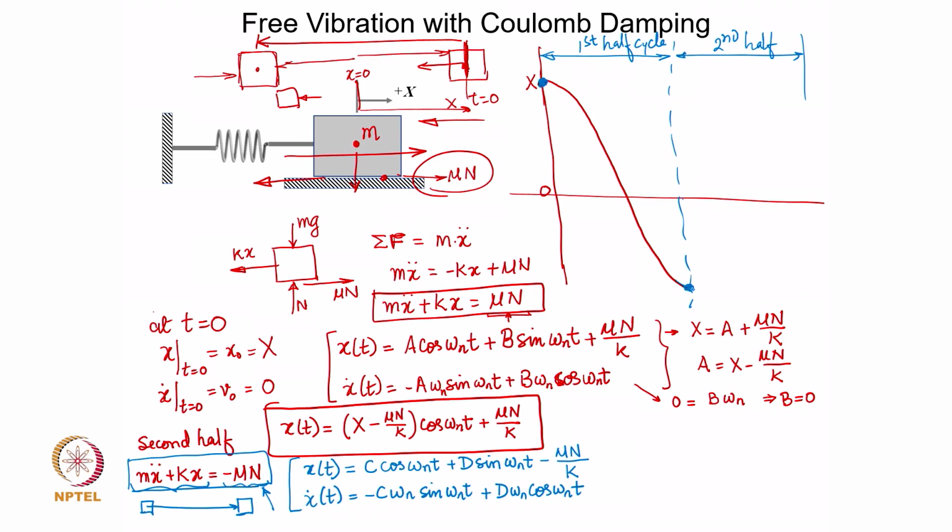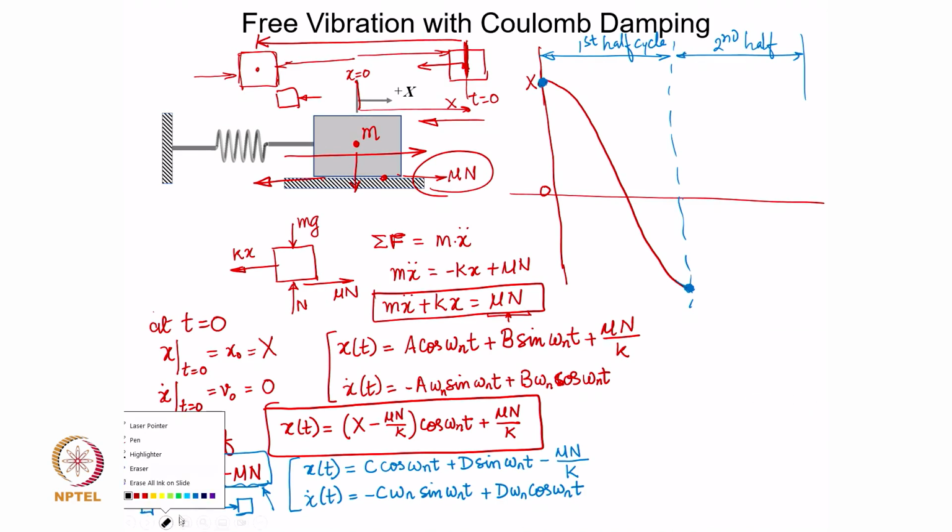So, at the end of the first half cycle, what are going to be our initial displacement and initial velocity? That is what we are going to obtain. So, we shall try to get those constants C and D by substituting the appropriate initial conditions.